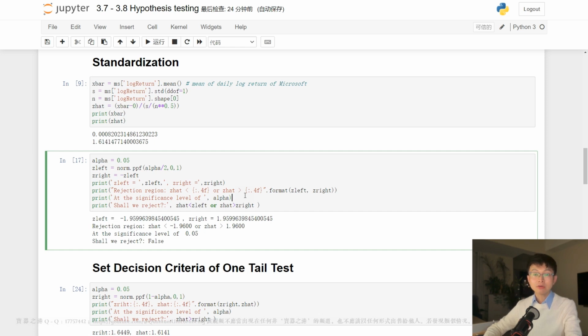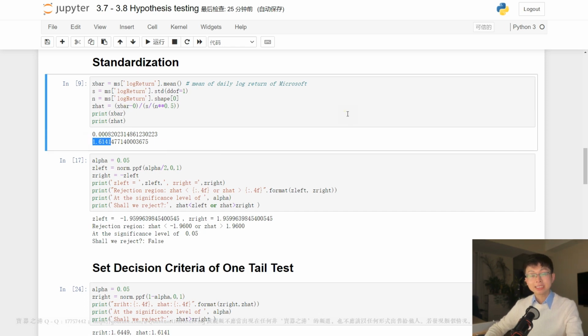We can calculate z hat using Python. X bar is the sample mean, which is the average daily return. S is the sample standard deviation, and N is the sample size. So z hat is equal to 1.6141, which is a standardized statistic.